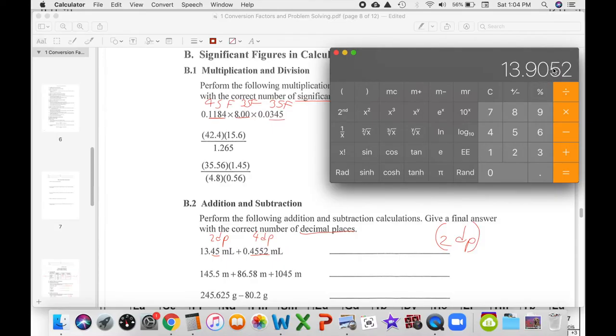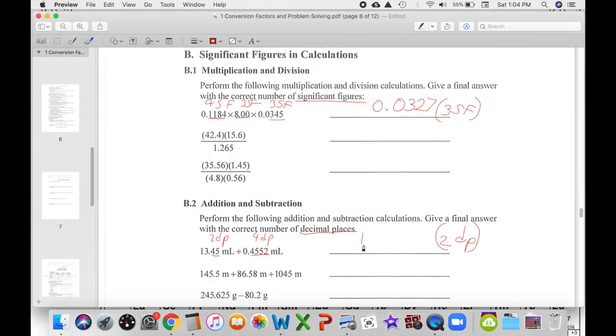Is it 5 or greater? Well, obviously it's 5 or greater, so we have to round up. So that 0 is going to round up to 1. So our answer winds up being 13.91. And that's how you would write out that answer instead of writing out all the digits from your calculator.